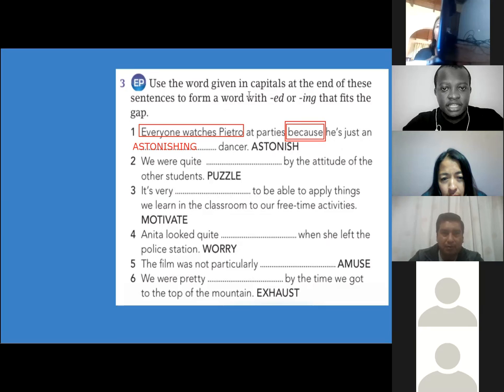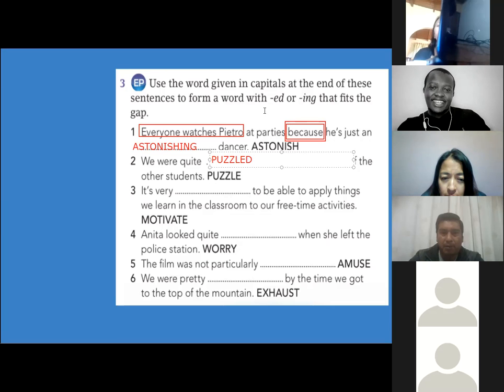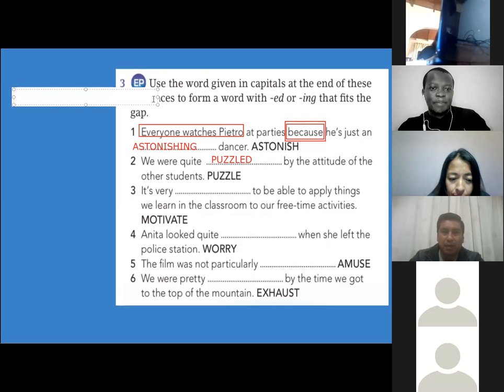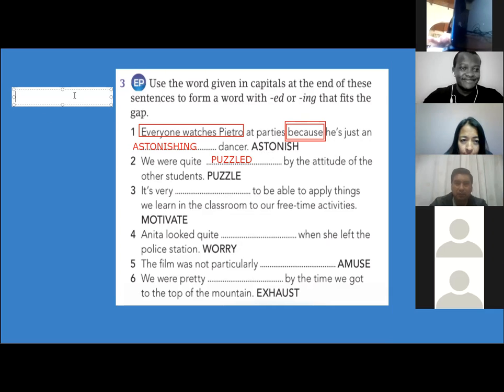Puzzled or puzzling? What are we describing in the sentence? The feeling. Yes, we were quite puzzled by the attitude of the students. What is the meaning of puzzled, guys?